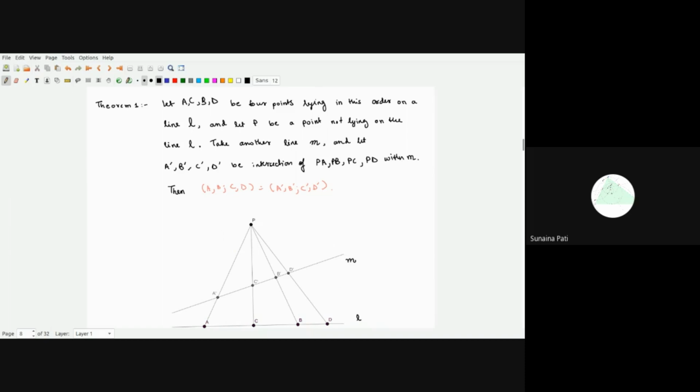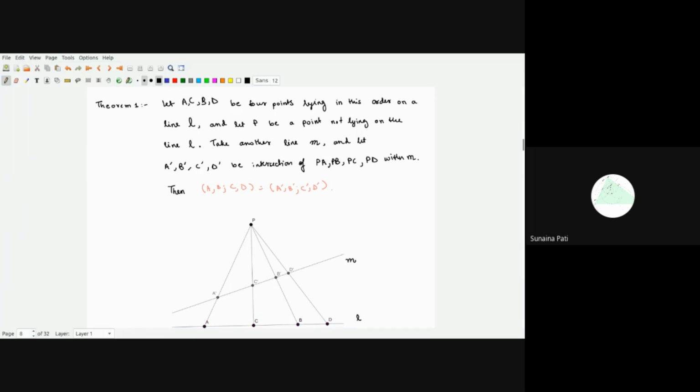Is that fine till now? Oh, you want to note? Yeah, go ahead. You asked me to tell the procedure of the proof again. I remember I said ratio lemma.